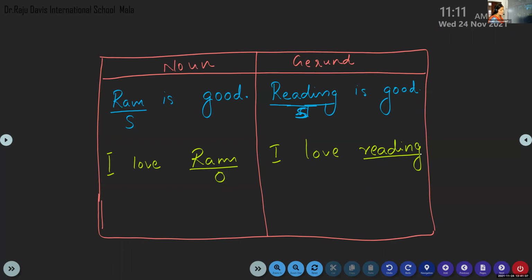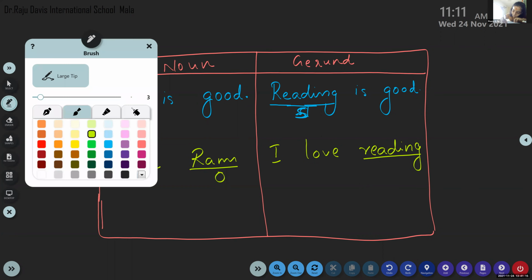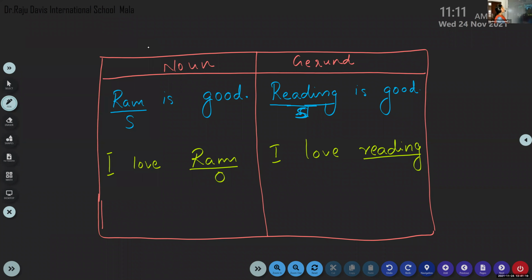And the last one, how can I use a noun with the preposition? Ram is good, reading is good. I love Ram, I love reading. And the last one, I am fond of Ram.